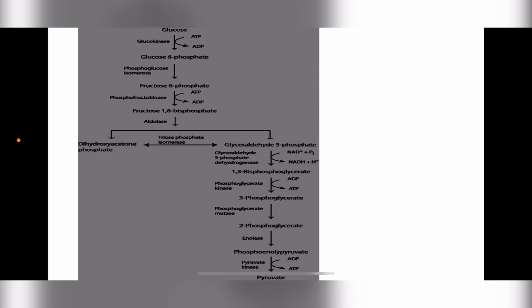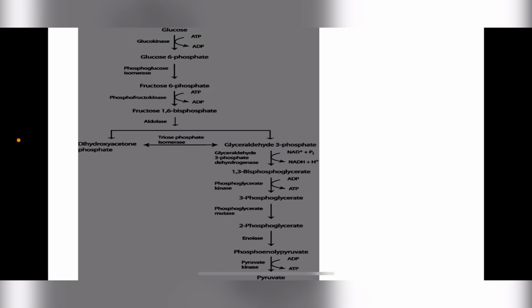Here glyceraldehyde 3-phosphate gets converted into 1,3-bisphosphoglycerate in the presence of glyceraldehyde 3-phosphate dehydrogenase. From this step we can understand that there is an elimination of hydrogen while converting into 1,3-bisphosphoglycerate, and NAD+ plus Pi get converted into NADH plus H+. Okay.